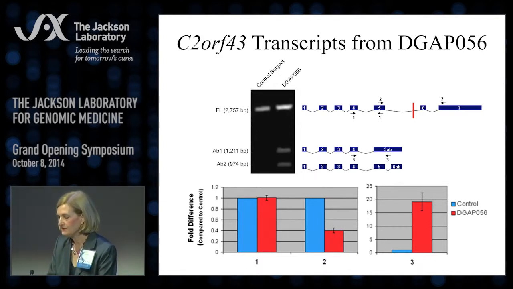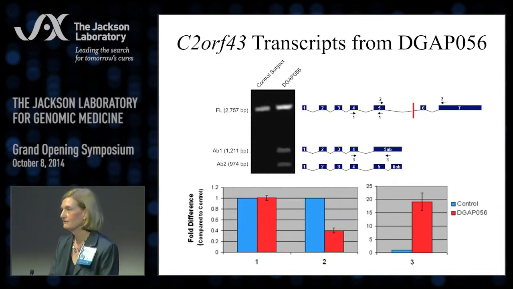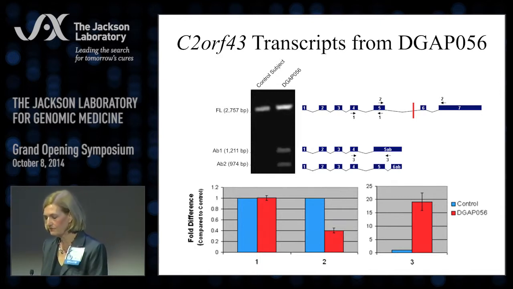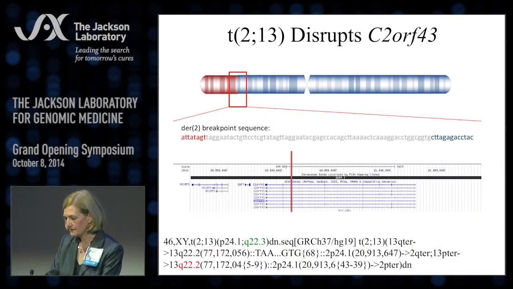And you can see here that the rearrangement, when analyzed at nucleotide level, resulted in an insert of 68 base pairs of untemplated sequence, so sort of a little bit of noise at that breakpoint.